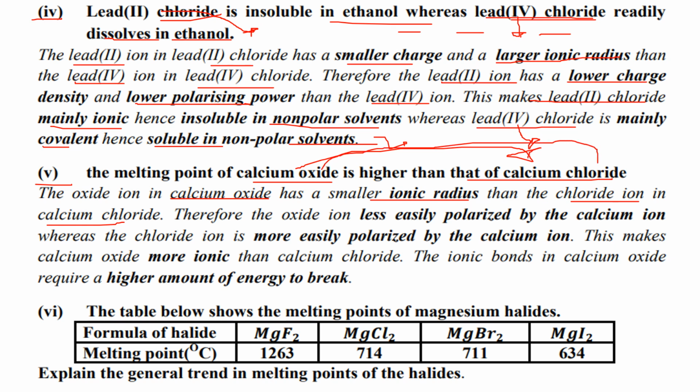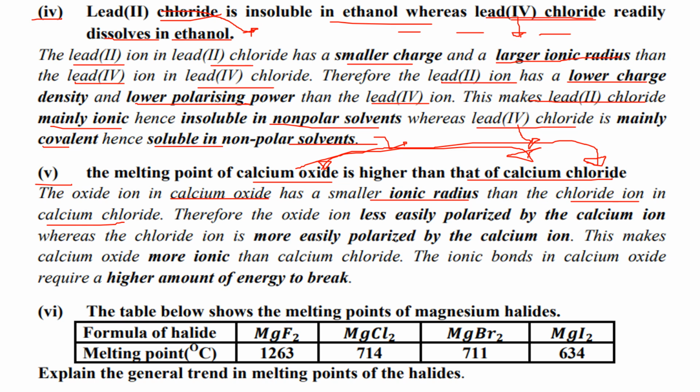what was varied was the anion, and since it was the anion which was varied, you remember what I told you. If they vary the anion, we explain in terms of polarizability, the ease by which the electron cloud on the anion can be distorted. So that's the point at which we explain this term.